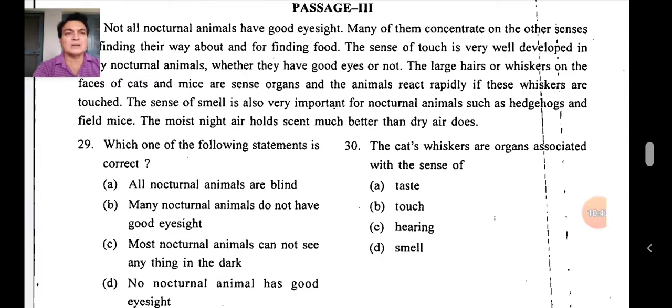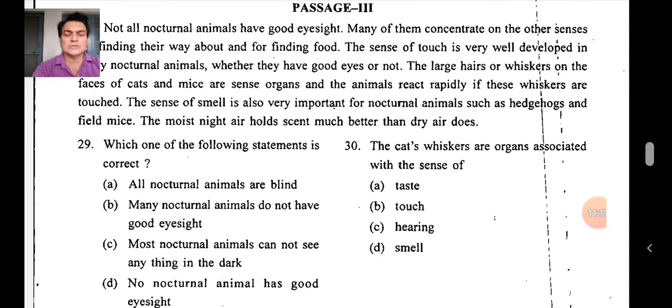The large hairs or whiskers on the faces of cats and mice are sense organs, and the animals react rapidly if these whiskers are touched. So with the sense of touch, the cat's whiskers are organs associated with the sense of touch. You'll find the answer in the 4th and 5th line. So you have to go on reading and find out the answer there, and on the basis of inference you can find the answer.